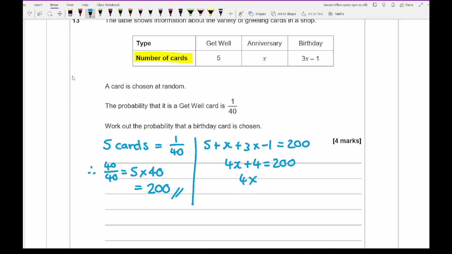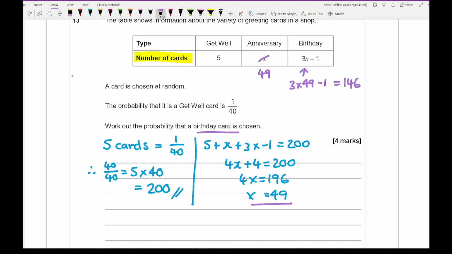So 4x equals 196. So x equals 49. So now that I know x is 49, this is going to be 49, and this is going to be 3 times 49 minus 1. Now, in terms of the birthday, which is what the question's asking me, if I work that out on my calculator, 3 times 49 minus 1 is 146.